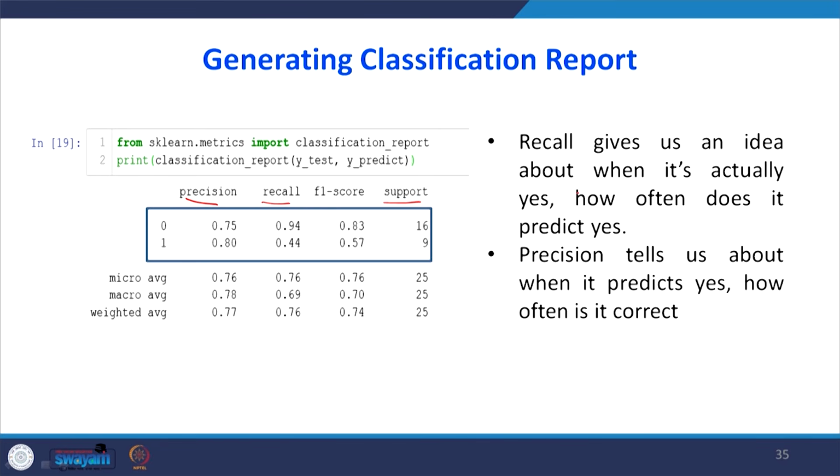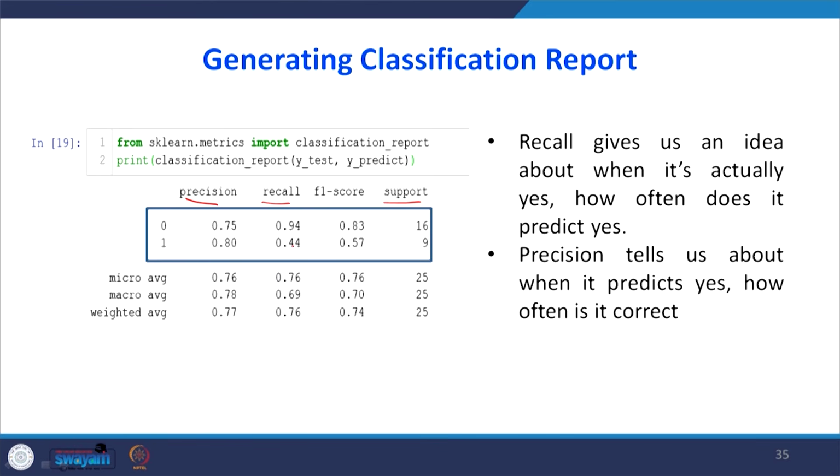It is like our sensitivity. Precision tells us about when it predicts yes, how often it is correct. I have explained what recall is. It takes care of both specificity and sensitivity.